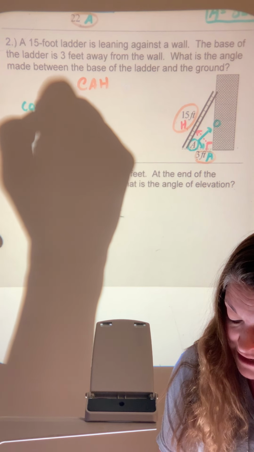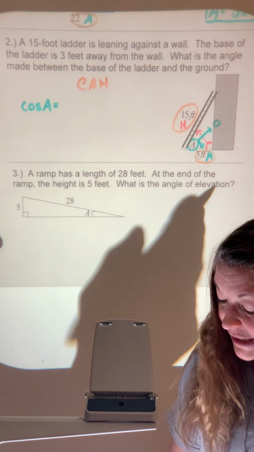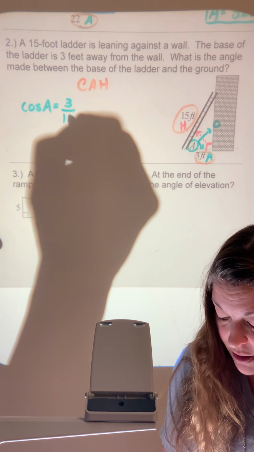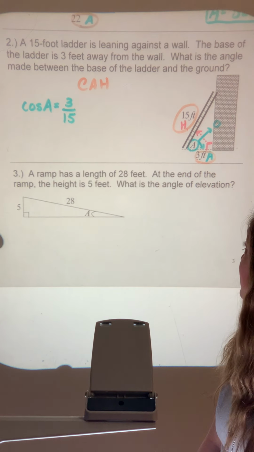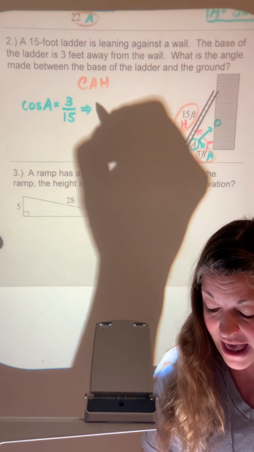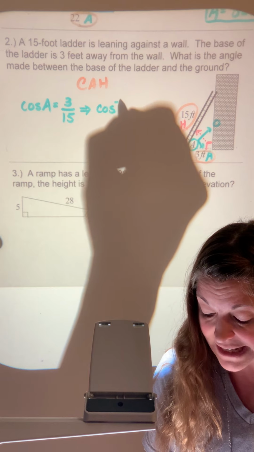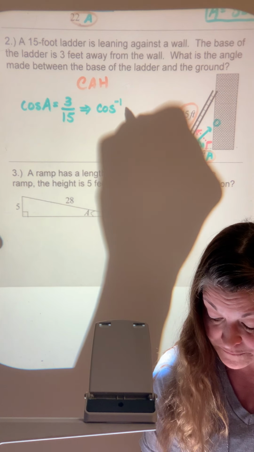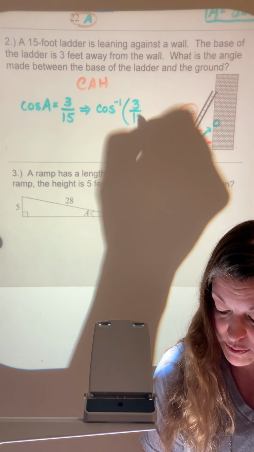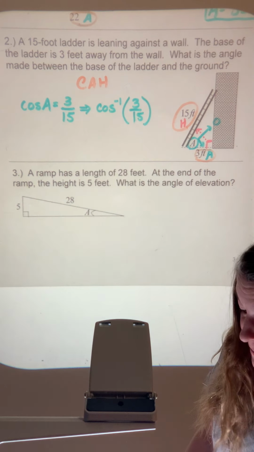We'll have cosine A equals our adjacent, which is 3, over our hypotenuse, which is 15. So in order to get that angle A, we're going to have to use that inverse cosine, and put the 3 over 15 inside.